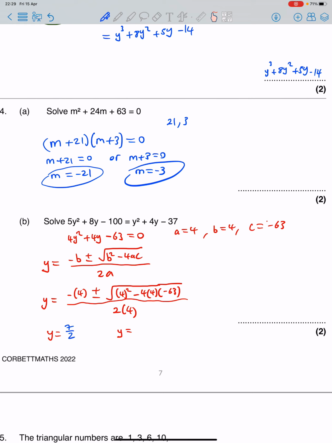And then the other answer, just going back, change that to a minus. Good tip on the calculator, you don't have to type it all again. You can just go back and change the plus to a minus. You can only do it one at a time, you can't do both at the same time. Minus 9 over 2. So we've got two answers there for y.